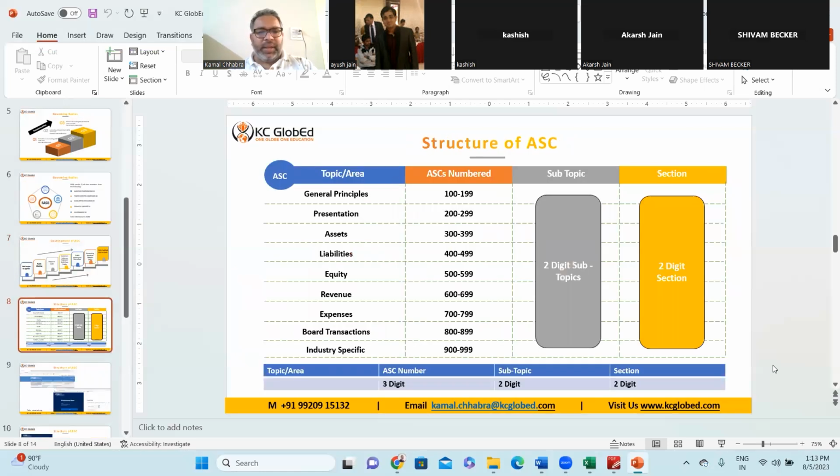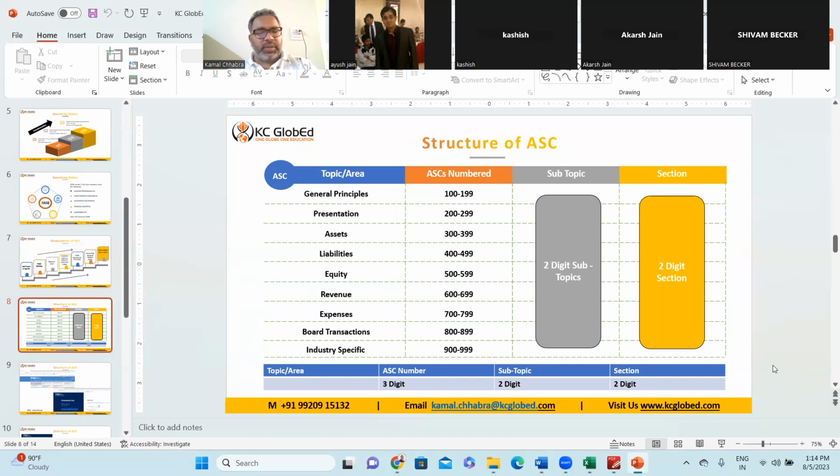And if you remember, we discussed the structure of the ASC also, in the very first class. There are the general principles, you will see ASC 100 to 199. Presentation related, you will see 200 to 299. Asset related accounting standard codification, you see in a series of 300 to 399.